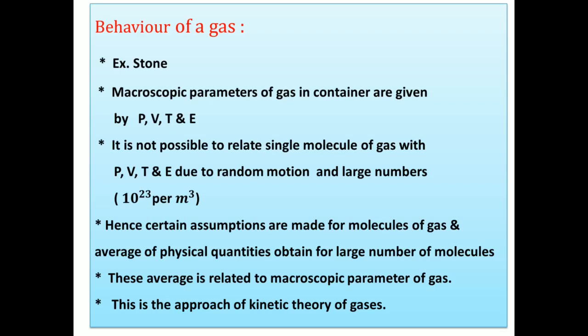Suppose we consider the example of a stone. When a stone is thrown vertically upwards, its motion can be easily described by Newton's laws of motion. When it is thrown, force is applied by you and it gets an acceleration vertically upwards because of that force. But when it is released from your hand, what happens?